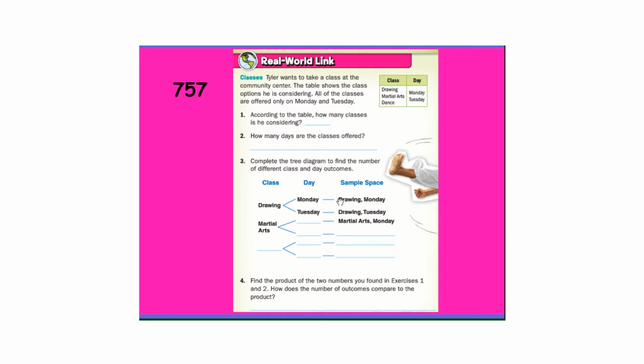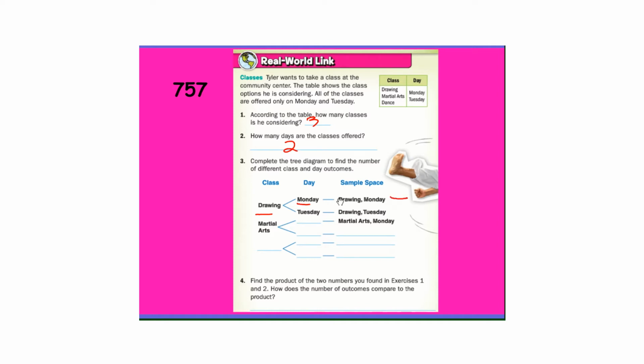So according to the table, how many classes is he considering? And then how many days are the classes offered? Okay. So there's 3 classes. There's 2 days. So he could do drawing on Monday.